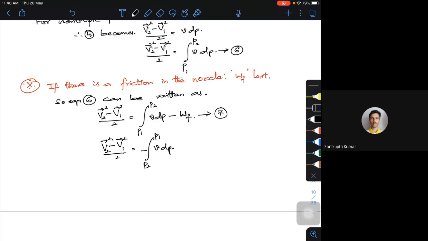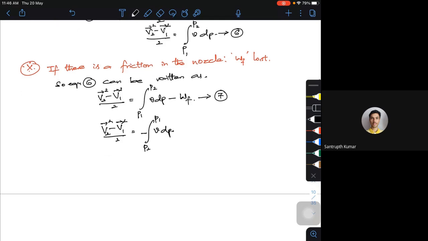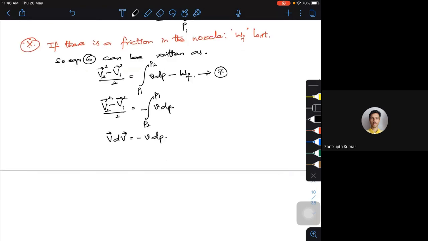So this is V dV, equal to minus VdP. This comes from your momentum equation.